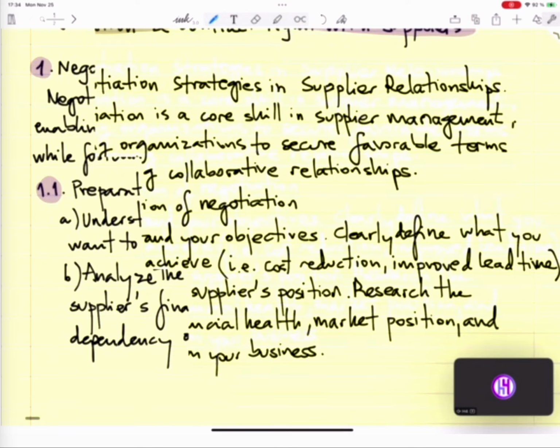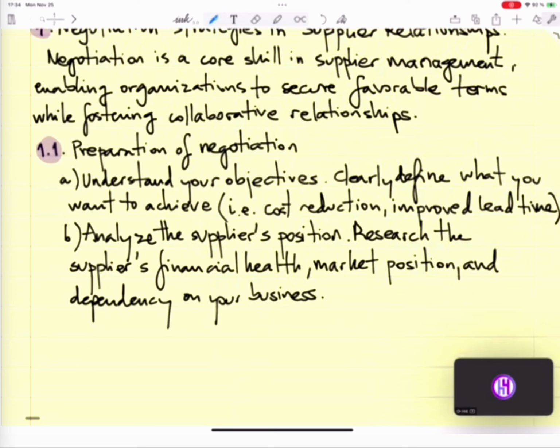The third thing you need to look for is to identify trade-offs.